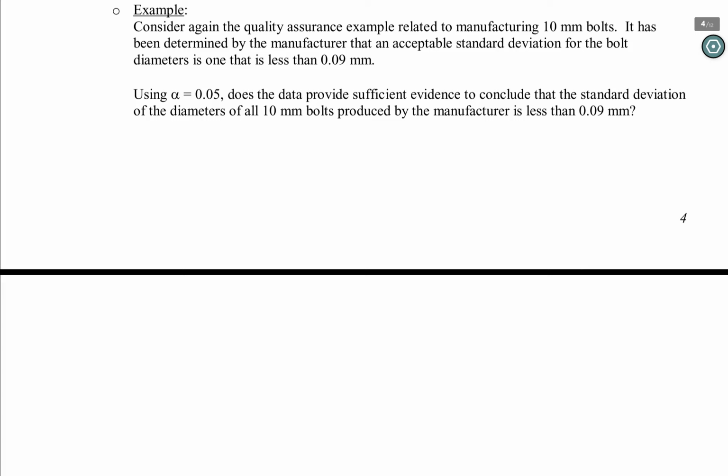That's the question here. Our hypotheses look like this: the alternative hypothesis is that sigma is less than 0.09, and the null hypothesis is that sigma is greater than or equal to 0.09.